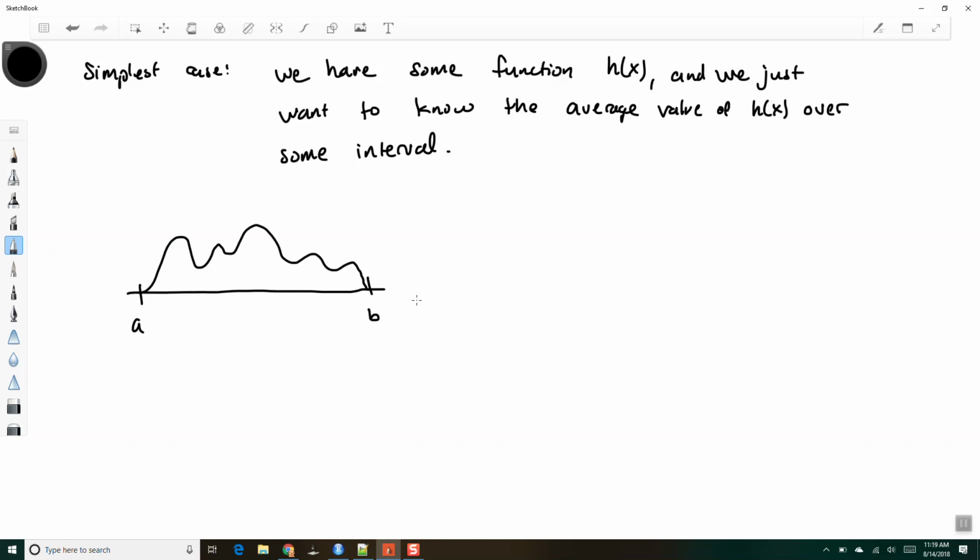Okay, so the average value of the function would be basically the expected value of h of x, okay?